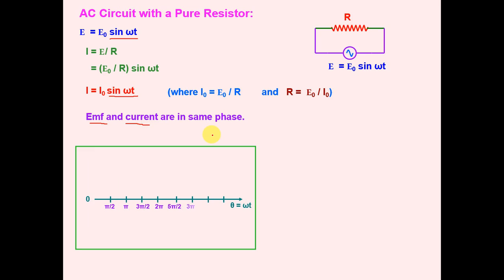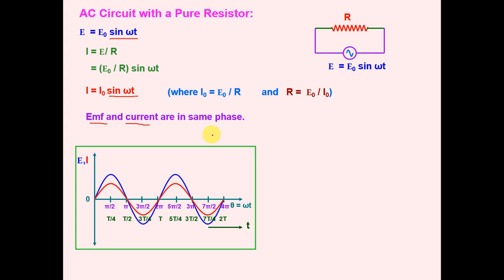If you want to see the graphical representation of current and EMF, they would be in the same phase. So you can see both the current and EMF vary in the same phase. This red line is representing current, this blue is representing EMF.